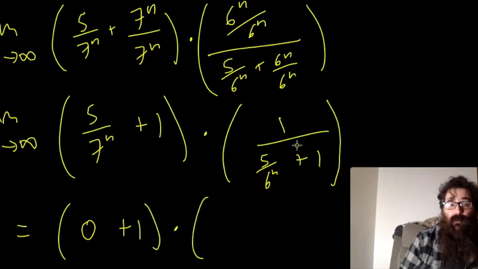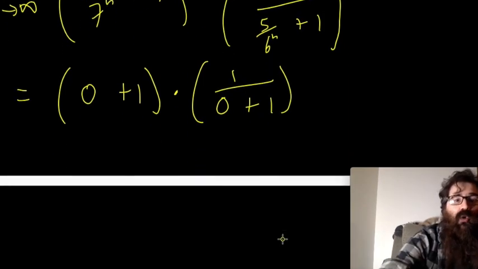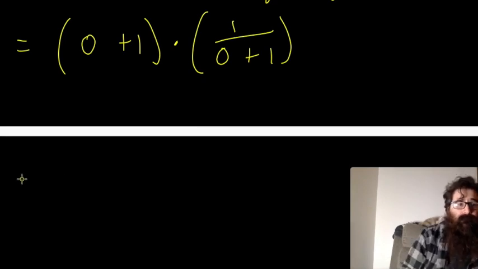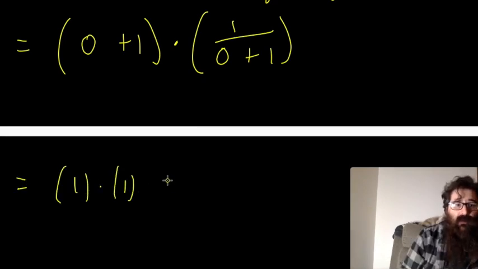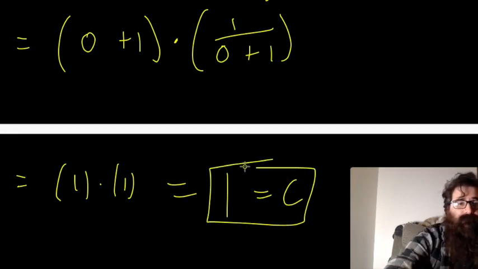And then here in the other one, I have 1 on top. Same argument. We'd say 6 to the n goes to infinity as n goes to infinity. 5 over 6 to the n goes to 0. So I get 0 plus 1 times 1 over 0 plus 1, which is going to give me 1 times 1, which is 1. And this is that value that we're calling c.